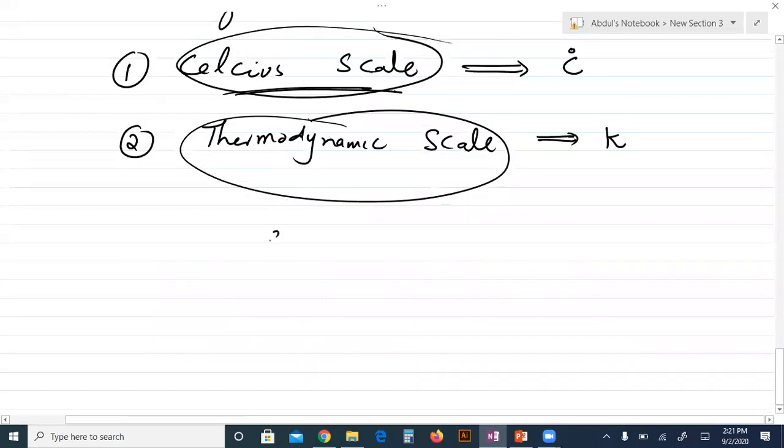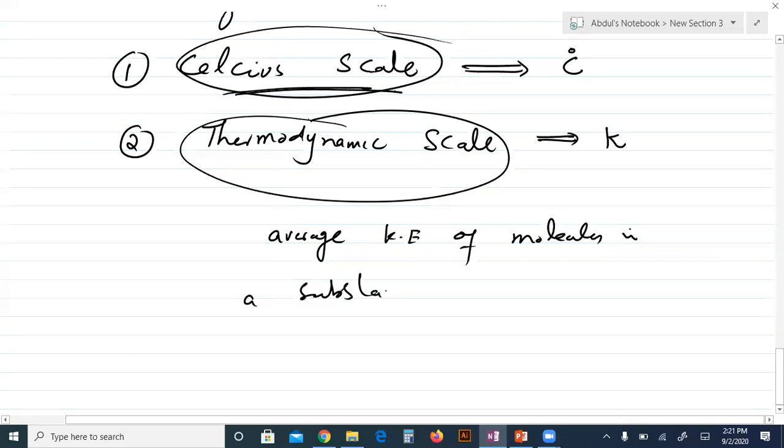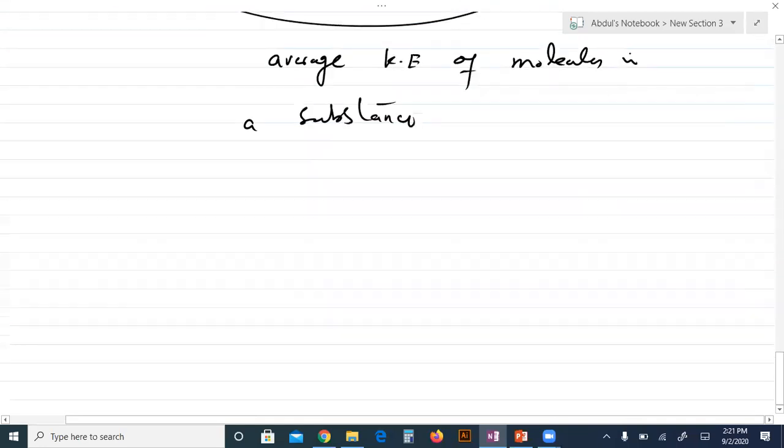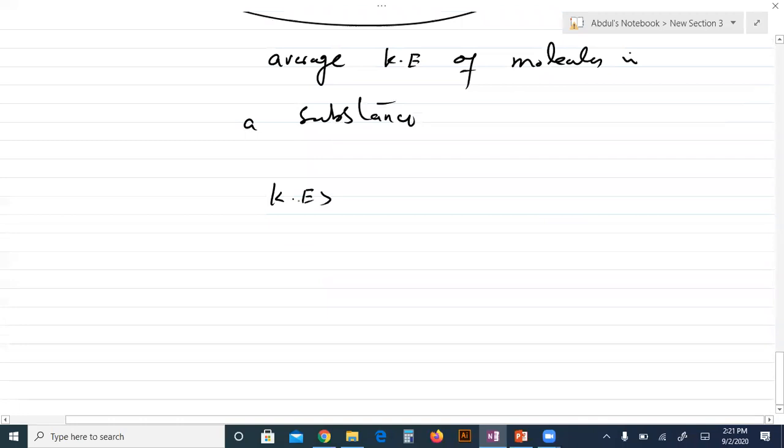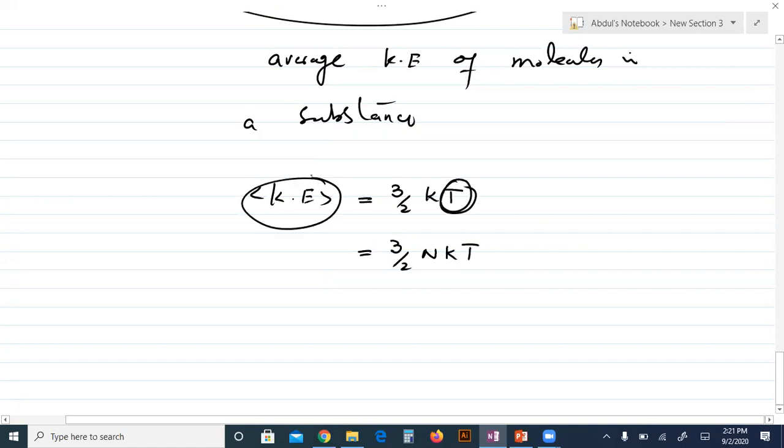It depends on the average kinetic energy of molecules in a substance. And we have proved in the previous chapter that the average kinetic energy of a molecule in a substance is 3 by 2 kT, or the total kinetic energy is 3 by 2 nkT, where T is temperature in Kelvin, this is the energy.